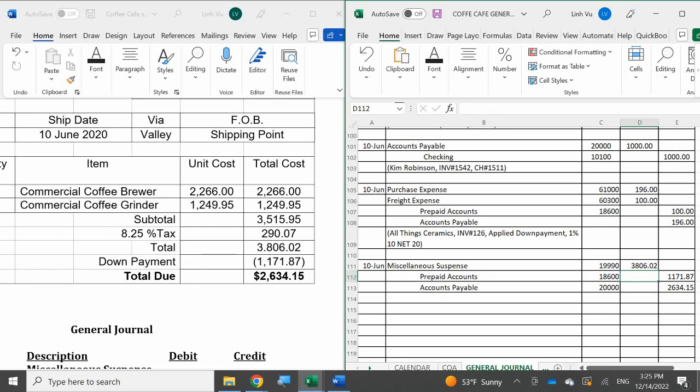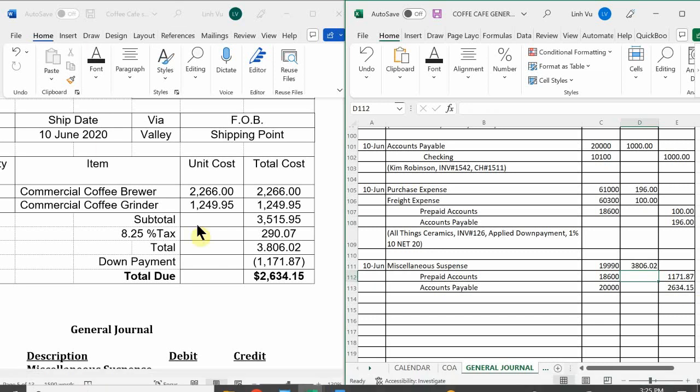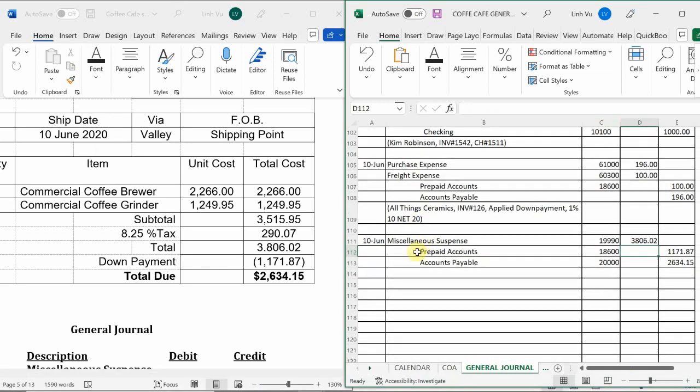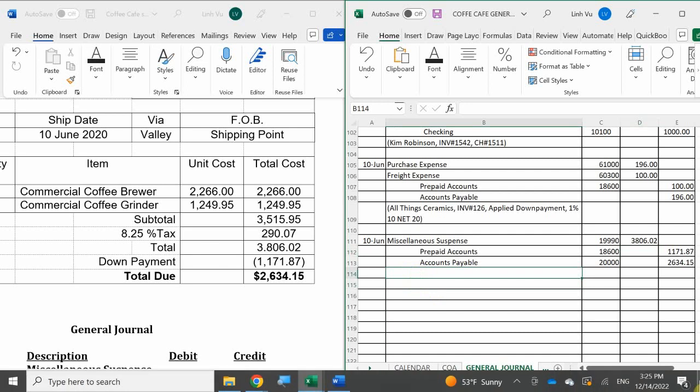Now, it is up to you if you want to make a separation. You can choose to either do it in your journal or in your ledger. I'll go ahead and save it for the ledger. So in this case, I'm going to be finished with this transaction here. I have everything that I need.